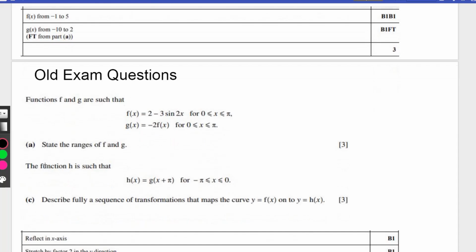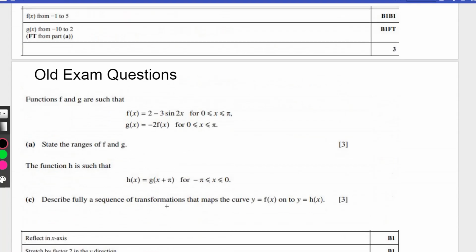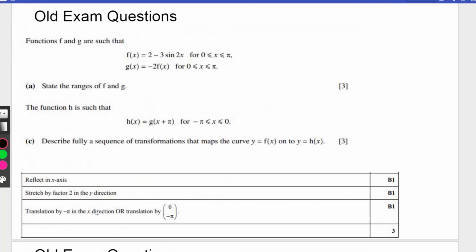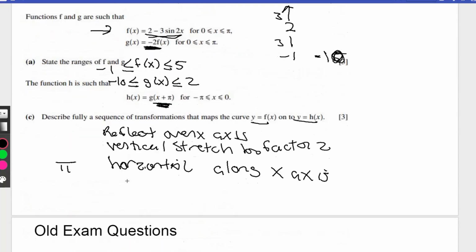Alright, we got that. Reflects over the x-axis, stretch factor of 2, both those are a point. Oh, we could have used vectors, yeah, right. Okay, now again, notice how that says that it goes in the negative pi direction.